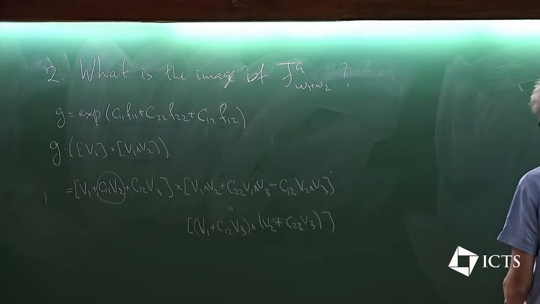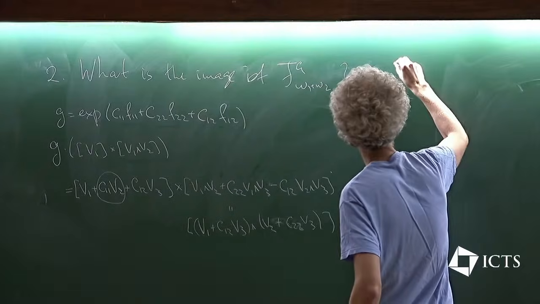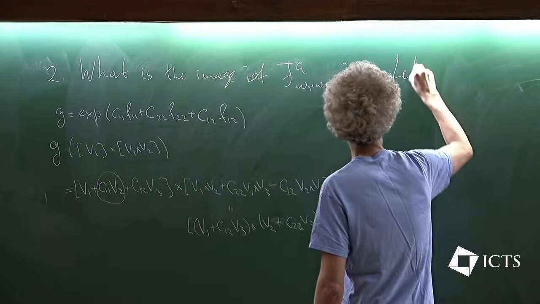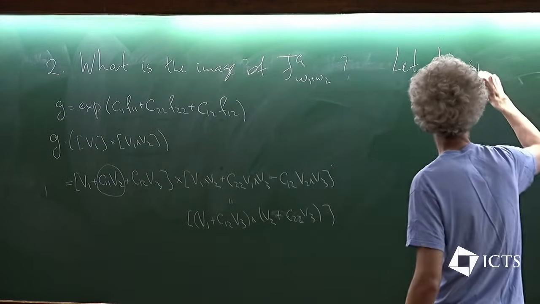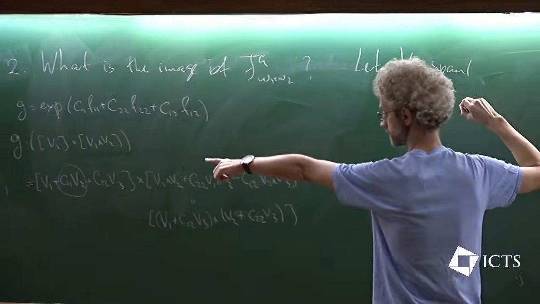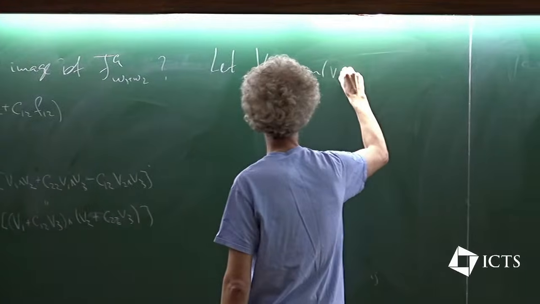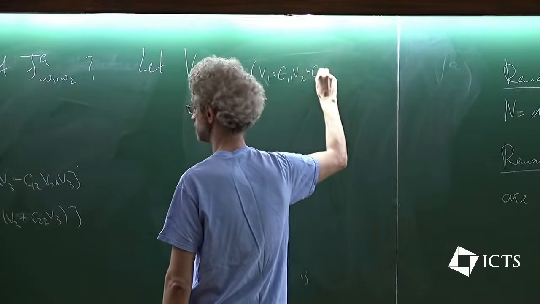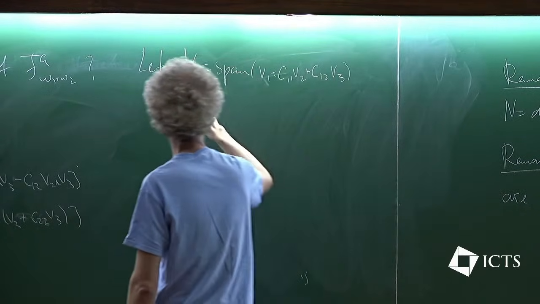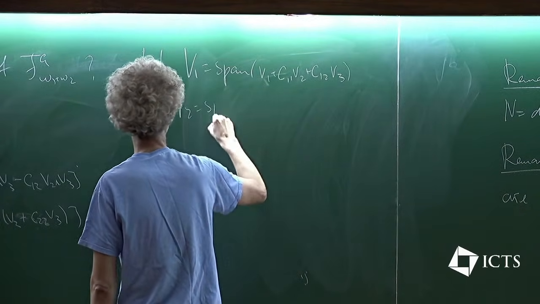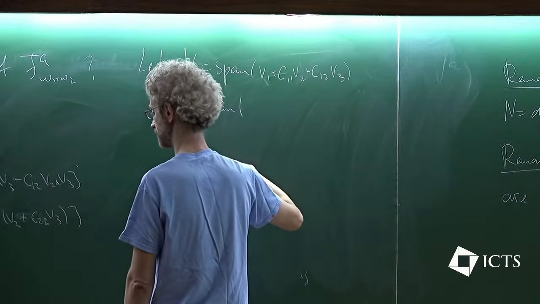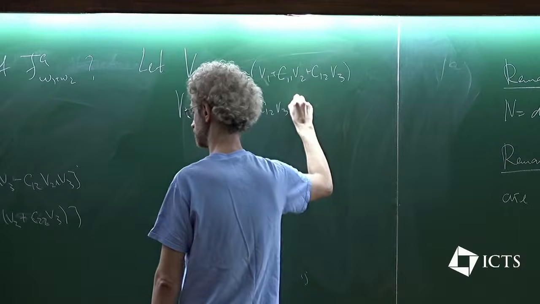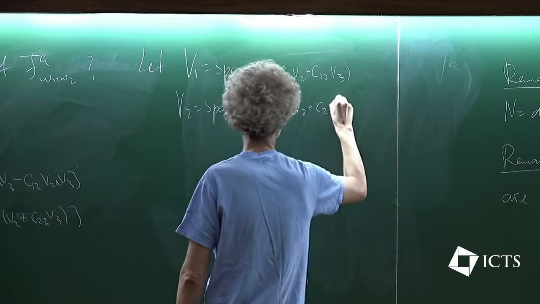So the conclusion. Let me denote V1 to be the span of this first guy, V1 plus C11 V2 plus C12 V3, and then V2 to be the span of V1 plus C12 V3, and then V2 plus C22 V3.